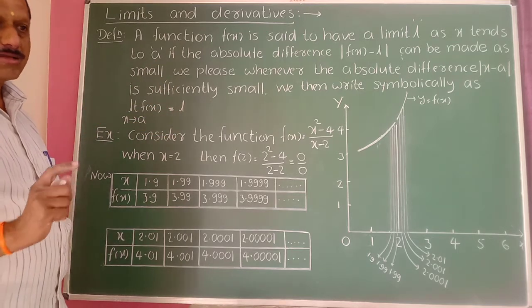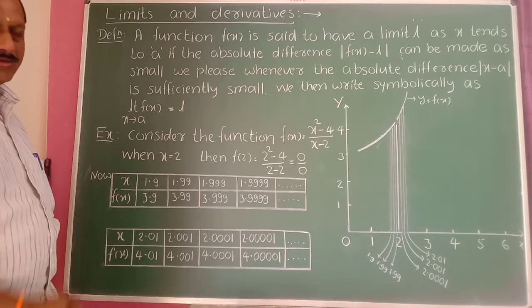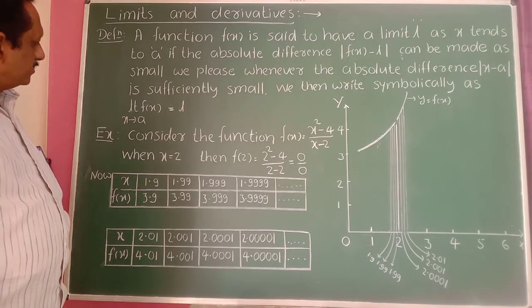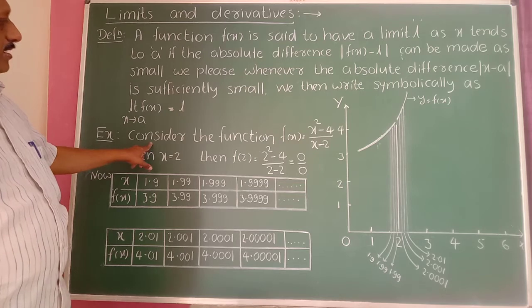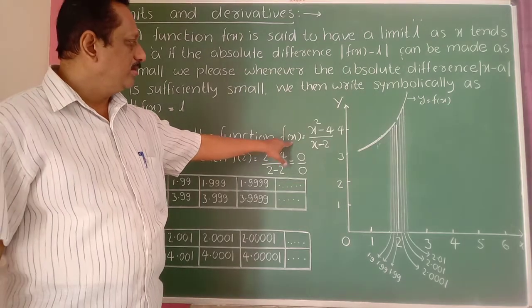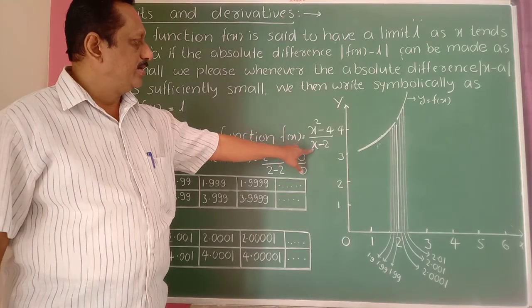I will explain this definition using one example. Consider the function f of x equal to x square minus 4 divided by x minus 2.